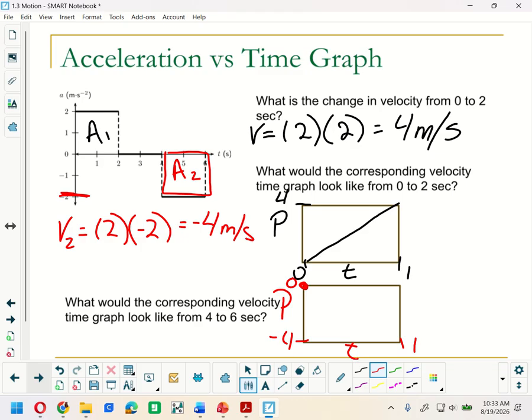So from 0 to 1 in time, it has a slope of negative 4, so it's going to go down like this. My slope is negative 4, so it goes down 4 every second. That's how I sketch those. So it's down 4 every 1 second. Make sense? Yes? No? Maybe?